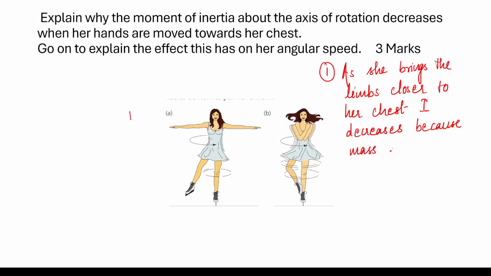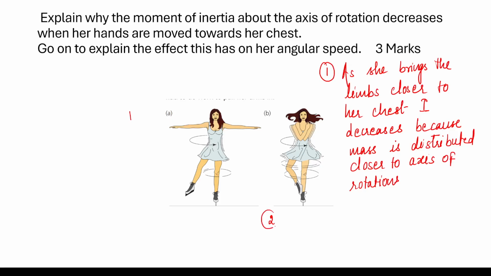Okay, mass is distributed closer to the axis of rotation. So we got this one. So I has decreased. So first point, we have explained that I has decreased. Why has I decreased? Because the mass is closer to the axis of rotation.